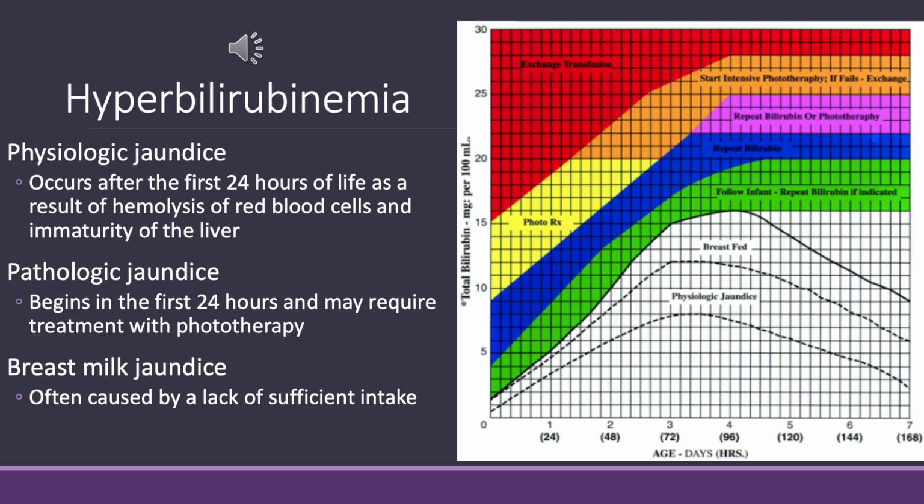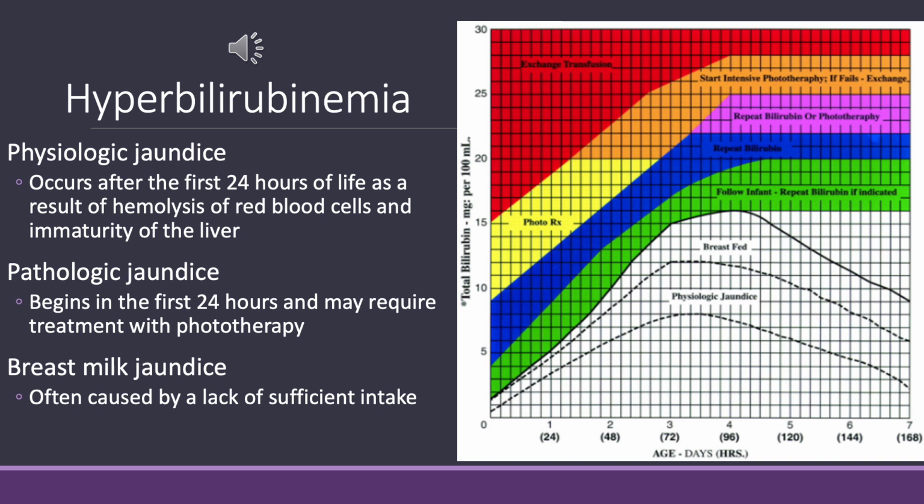Another form of jaundice is pathological jaundice, and it is present in the first 24 hours of life, and it's usually the result of an abnormality. This can be a blood incompatibility between the mother and newborn blood types, or it can be from an infection or a metabolic problem.